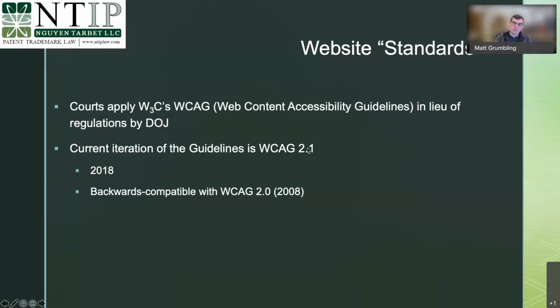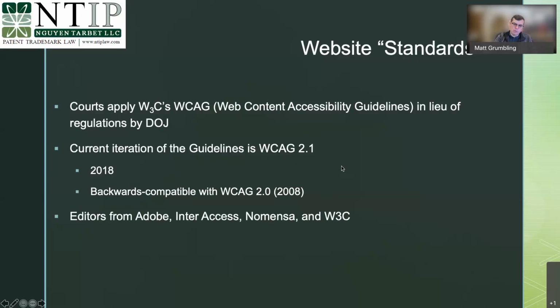But you can see there's 10 years of time that's lapsed between 2008 and 2018. And so, honestly, even though it's been a few years since these came out, I think if you comply with them now, you'll probably be in compliance for a pretty good long time.